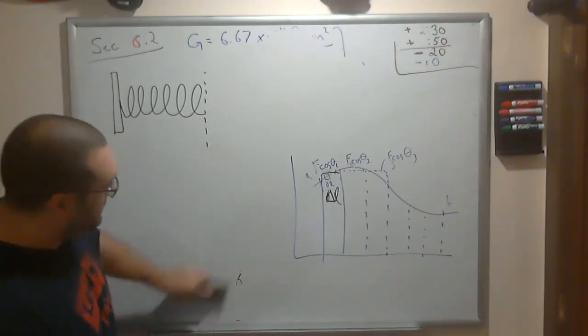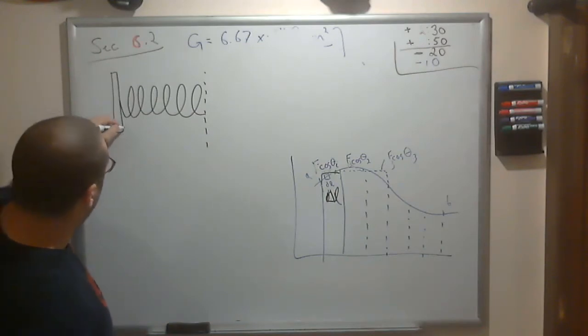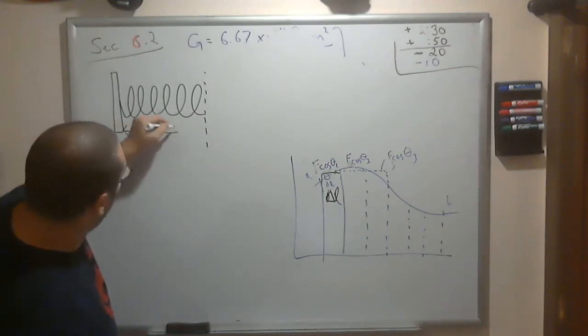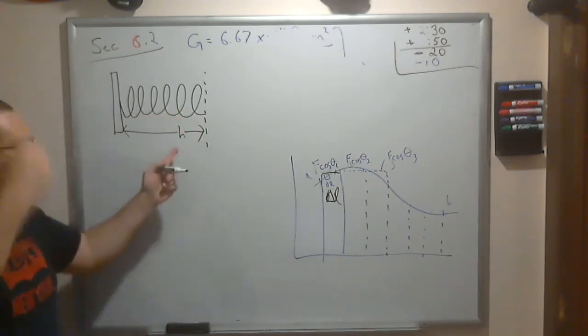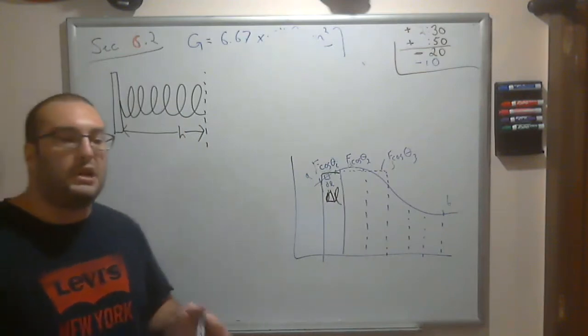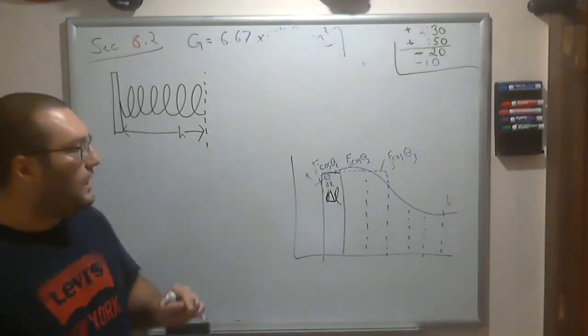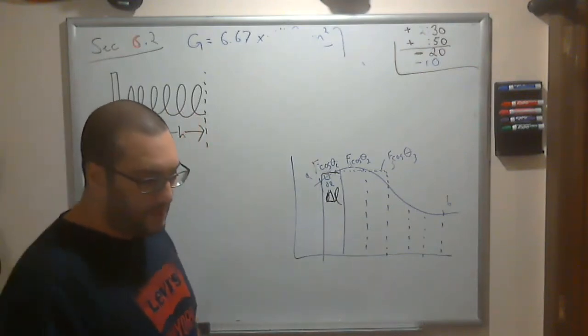So any displacement away from this equilibrium position, right? Let's call this H for now, right? If this is the equilibrium position, the spring exerts a force anytime it's away from this equilibrium position, right?